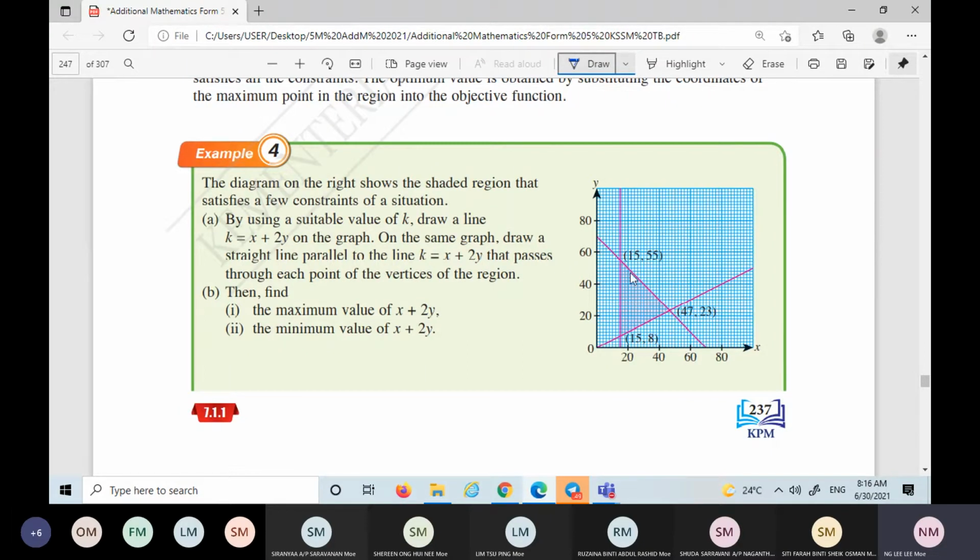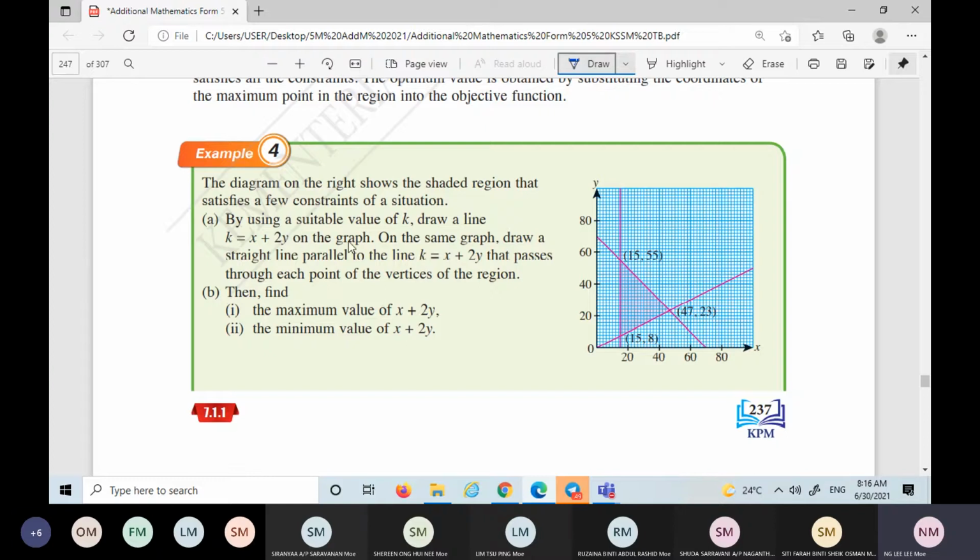Here they didn't tell you what is the equation of the inequality, they just show you the 3 lines, and they show you the intersecting points. And then they also tell you what is the objective function.